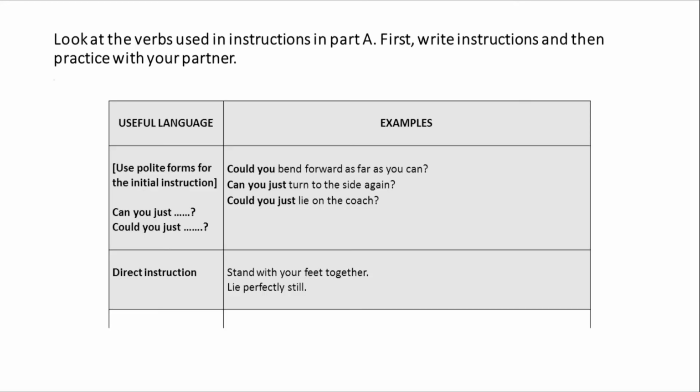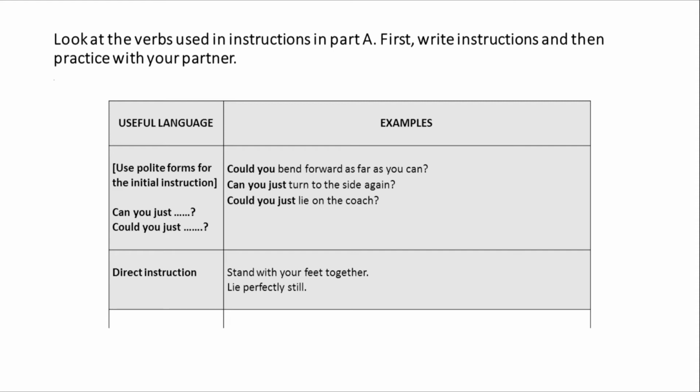As a healthcare provider, you need to instruct the patient in a clear but polite manner. When examining a patient, polite forms are often used for initial instruction. For example, you start giving instructions saying, "Could you bend forward as far as you can?" Or, "Can you just turn to the side again?"